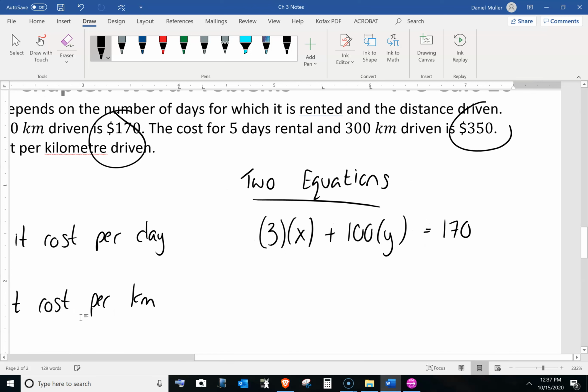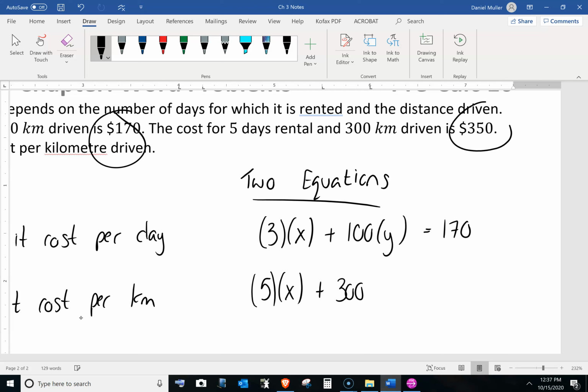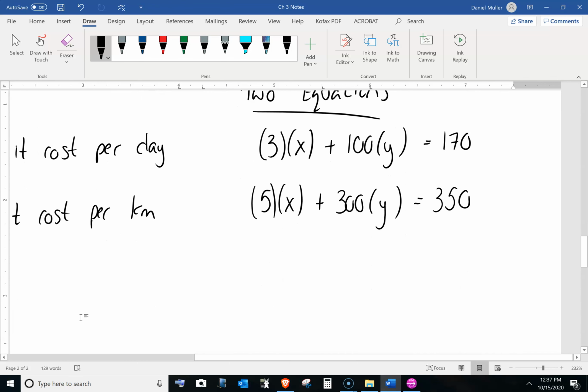But they also said if you do 5 days, so 5 times however much it costs you per day, and if you do 300 kilometers times whatever the price is per kilometer, you're going to get 350.